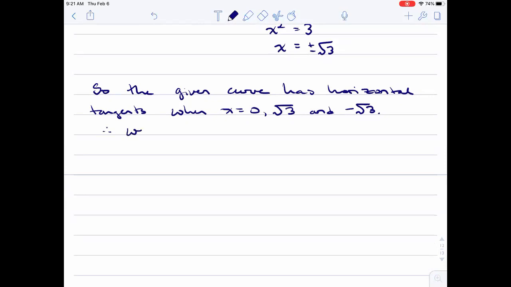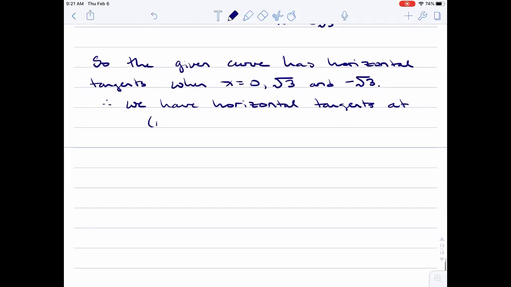Therefore, we have horizontal tangents at 0, 4. Plugging 0 into that equation, we end up at 4. Root 3 puts us at negative 5. And negative root 3 also puts us at negative 5. So at 0, it looks like we have a maximum. And at root 3 and negative root 3, we have a minimum. Or minimums.